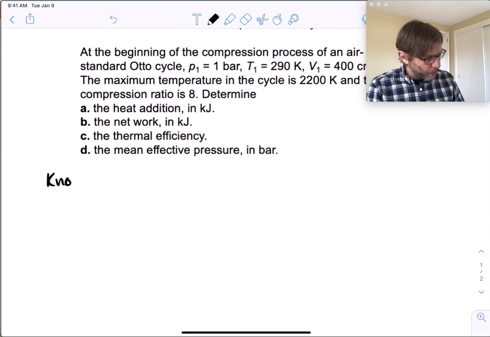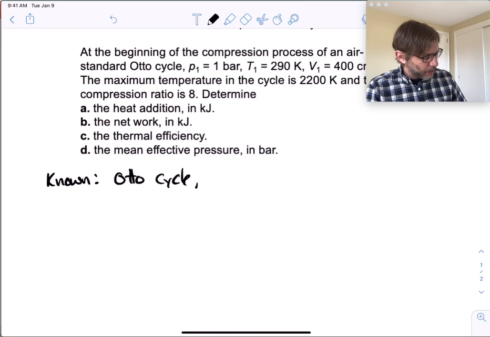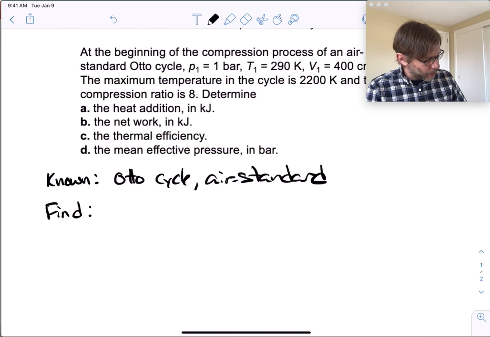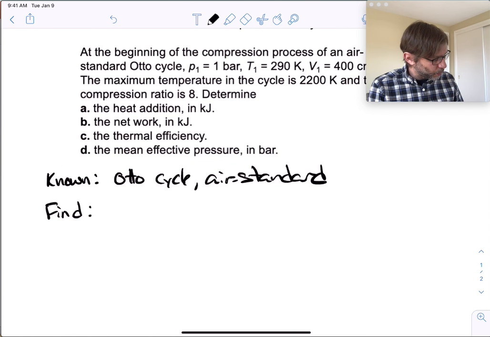we're just going to put our known in here. So known is that we have an Otto cycle. It's air standard. We have to find the heat addition, so it's kilojoules. Which means that we're going to have to find the work. So anyway, we're going to find the mass.